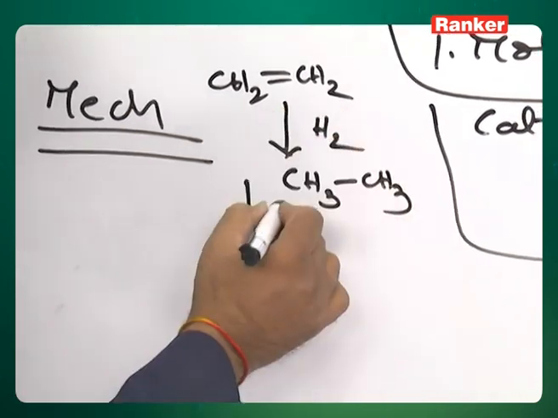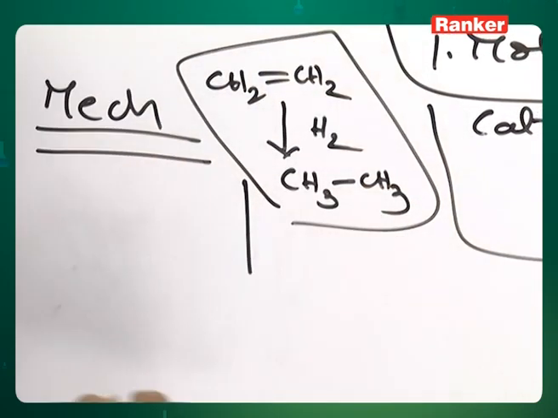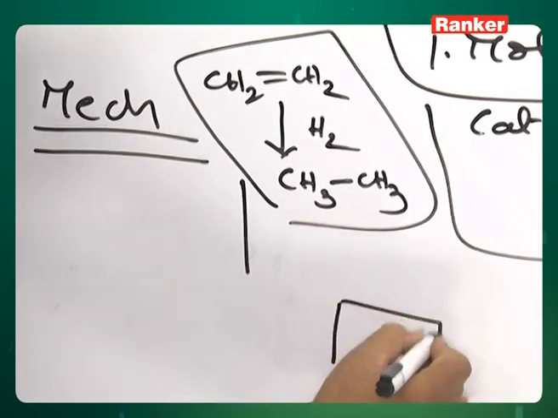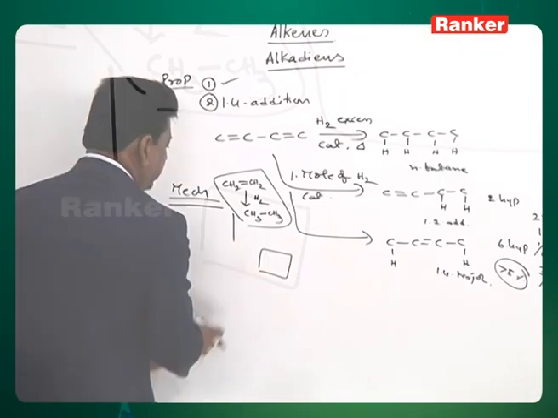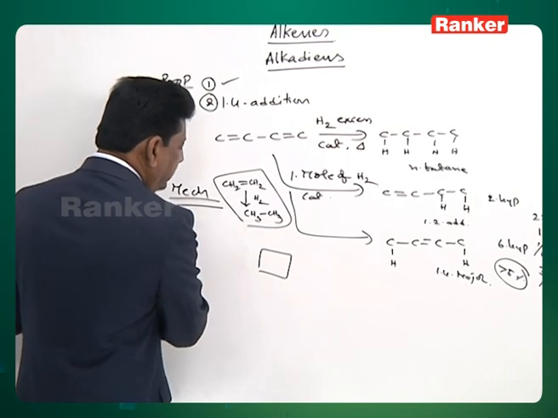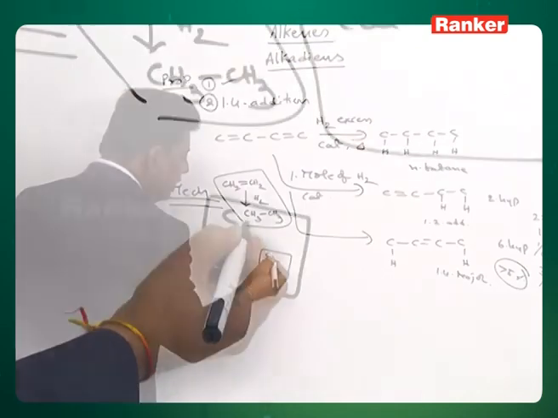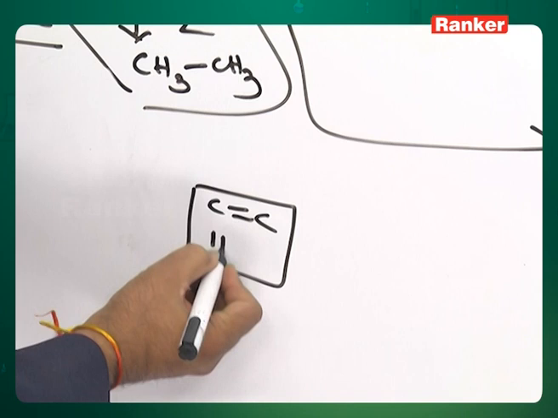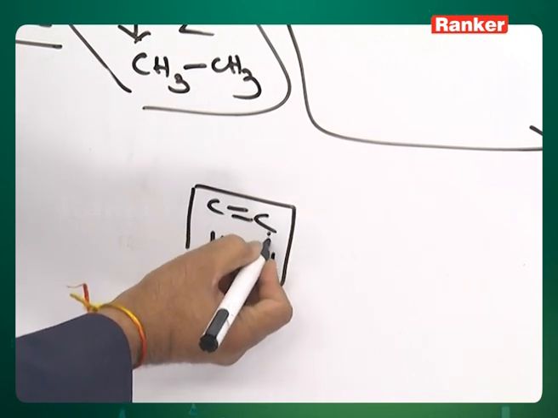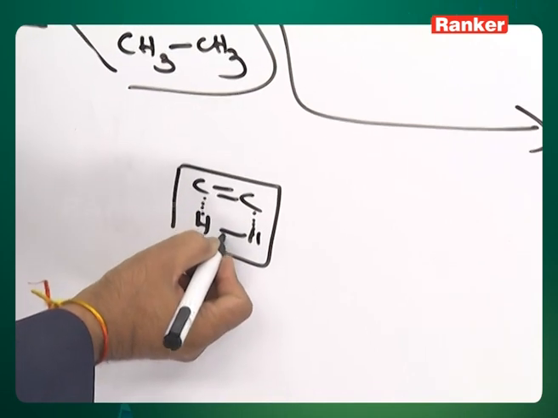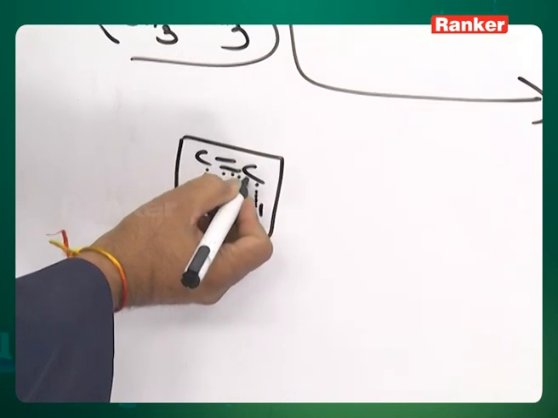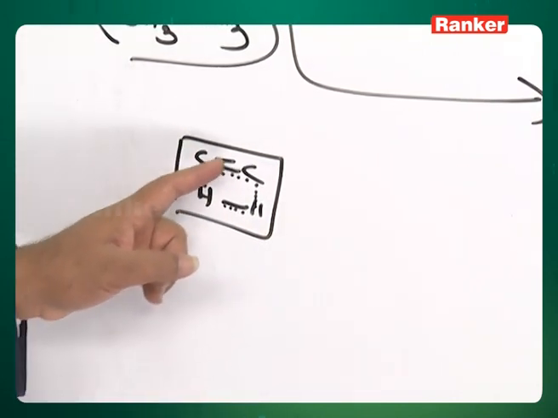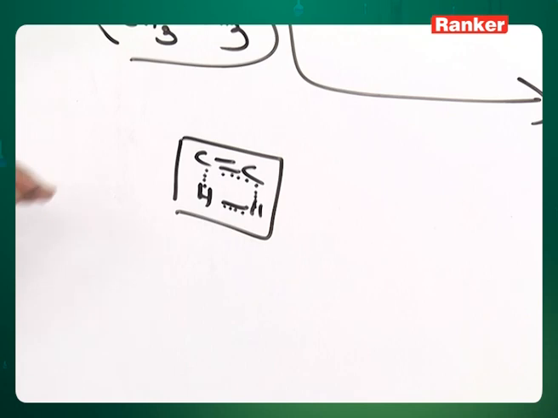What exactly is the mechanism for this? On a nickel particle, ethylene is adsorbed, hydrogen is adsorbed, and slowly bond formation takes place. First a new bond will be forming, while simultaneously the old bond will be breaking.